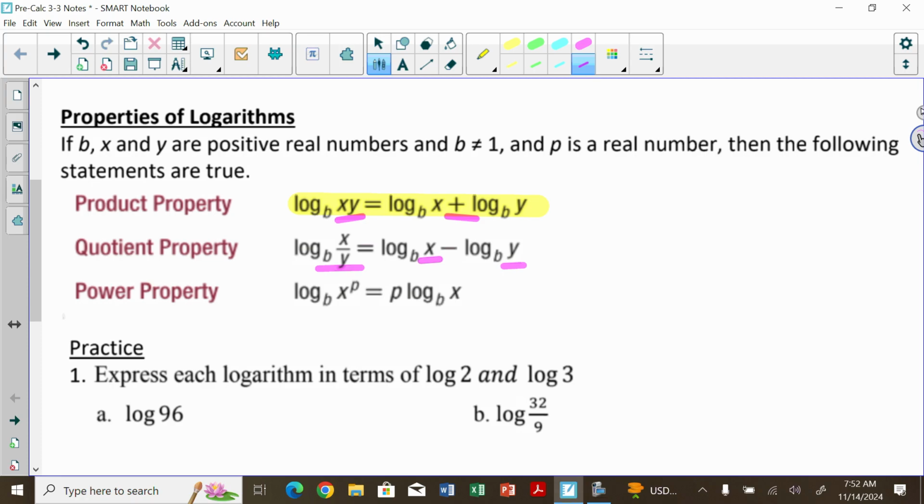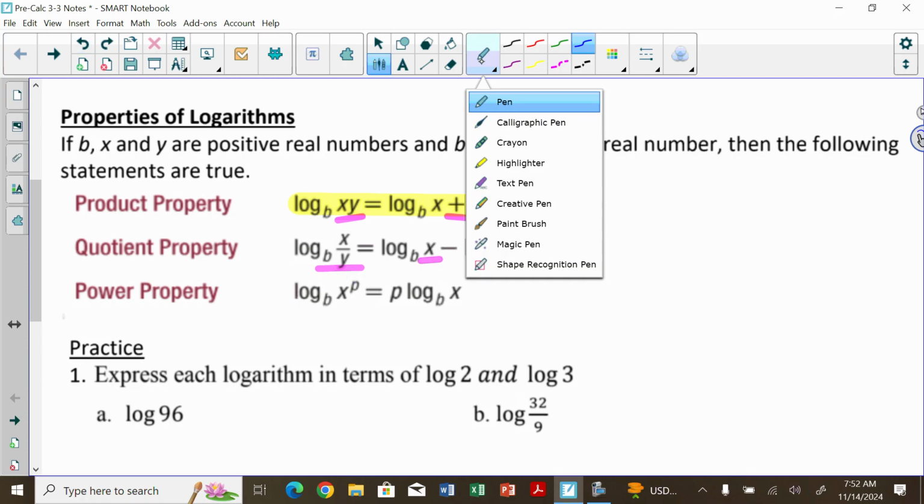You have log base b of x to the p power. You basically just take that p and write it out in front. So instead of the power, it becomes a multiplier in front: p log base b of x.